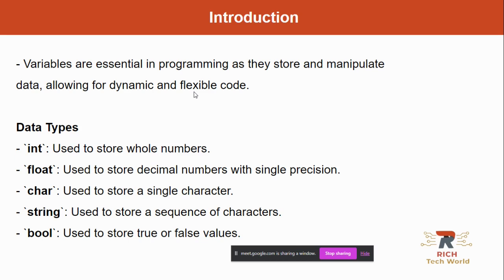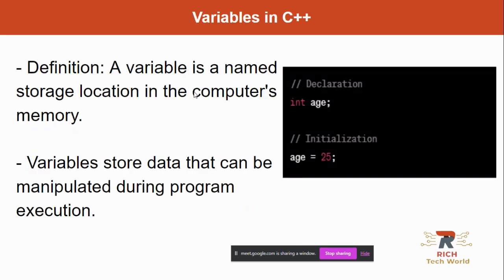All right. So we are going to move on to the definition of variable, which I've already said. A variable is a named storage location in the computer memory, right? So our application is going to run on a computer, and the computer is going to name a particular location, which it is going to use to store data.